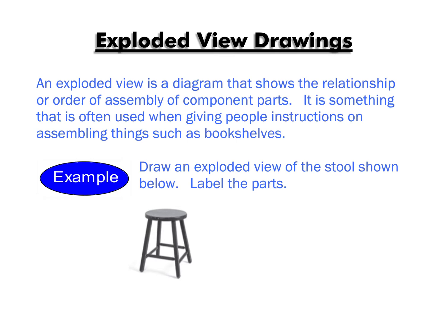So this lesson is on exploded view diagrams. An exploded view diagram is something that would show the relationship or order that you would put the parts together to make a bigger object. When I think of an exploded view diagram, it's something that you might see if you are assembling something like bookshelves.